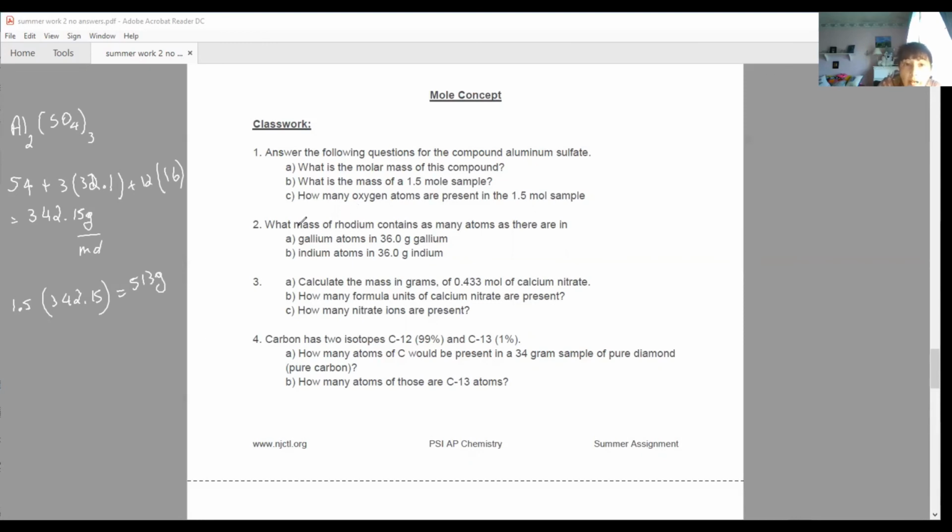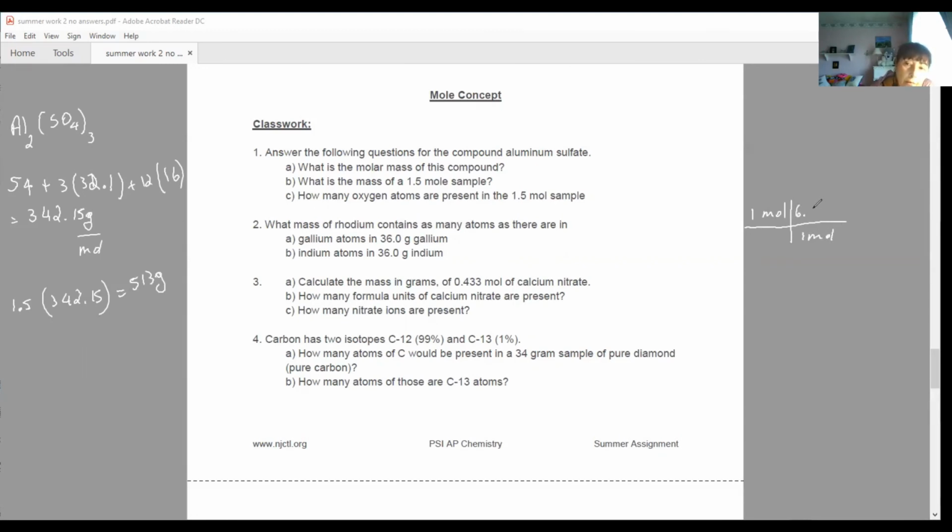Then, how many oxygen atoms are present in a 1.5 mole sample? So first of all, 1 mole contains how many molecules?